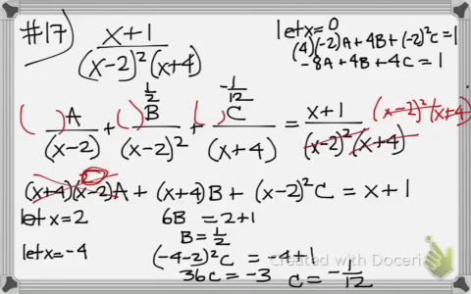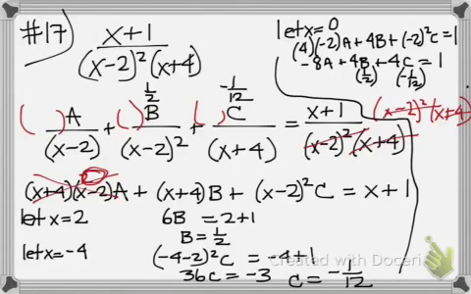Now we go back. We know that B is equal to 1/2, and we know that C is equal to negative 1/12. So negative 8 times A, 4 times 1/2 is 2. 4 times negative 1/12 is negative 1/3, and that is equal to 1. So we just need to solve this.